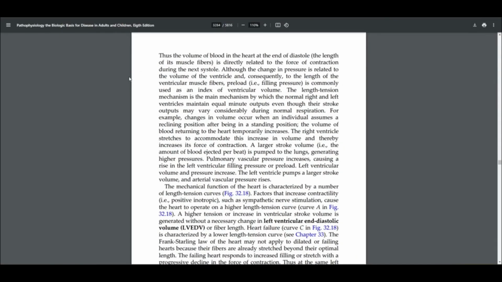Thus, the volume of blood in the heart at the end of diastole is directly related to the force of contraction during the next systole.